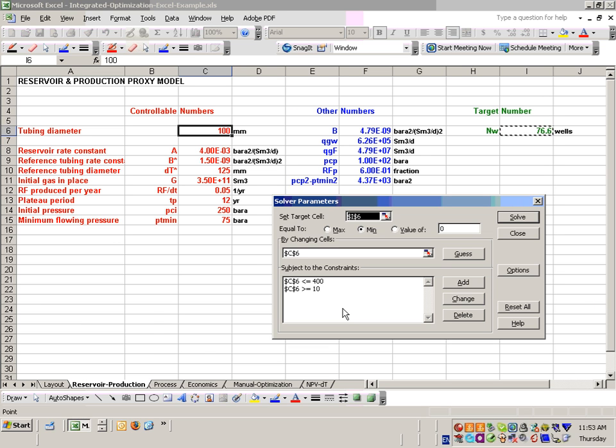Any other constraints? Well, do you want to add minimum tubing pressure?